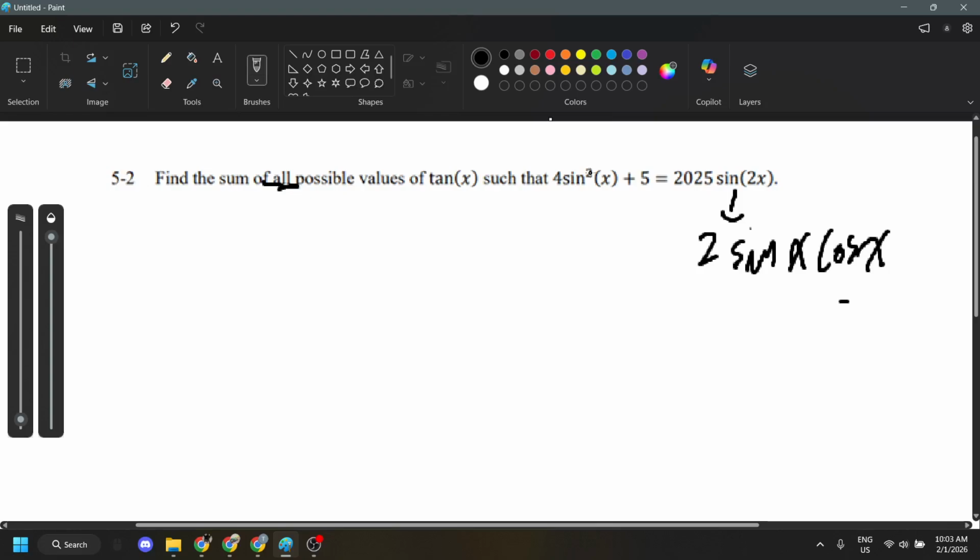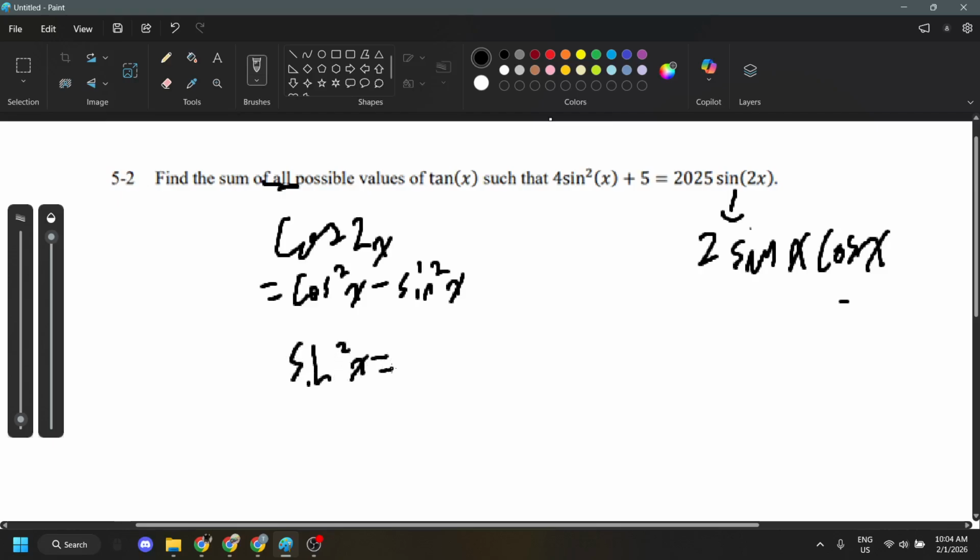Unless, I know, cosine of 2x is equal to cosine squared x minus sine squared x. So sine squared x is equal to cosine squared x minus cosine of 2x. Maybe that can help. I don't think so.